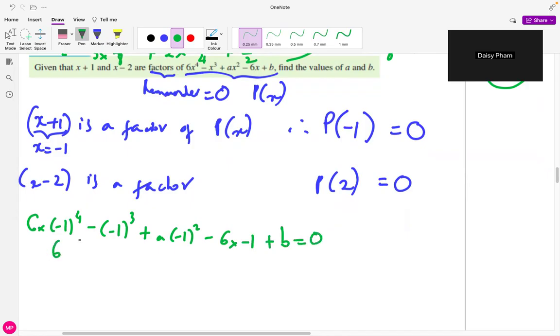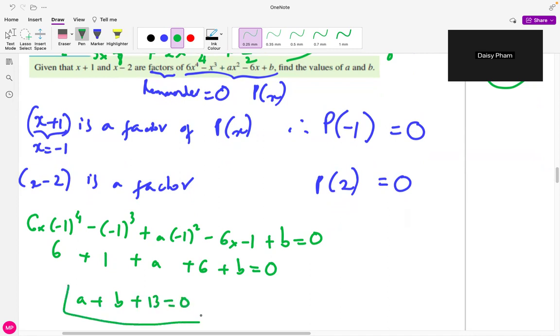So you have 6 plus 1 plus a plus 6 plus b equals 0. 6 plus 1 is 7, 7 plus 6 is 13. So you have a plus b plus 13 equals 0. That's your first equation.